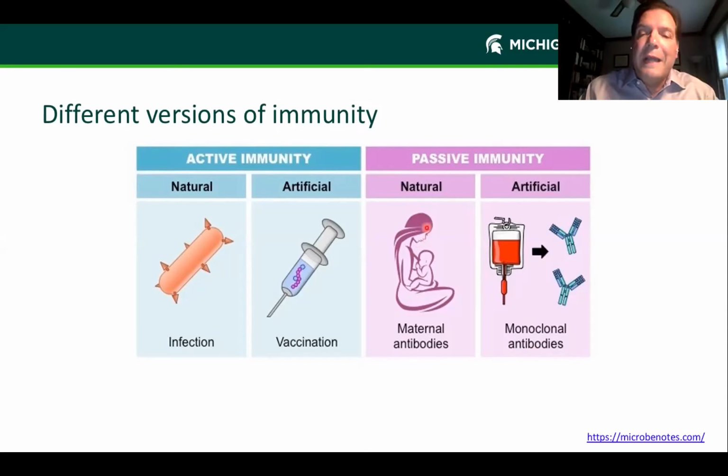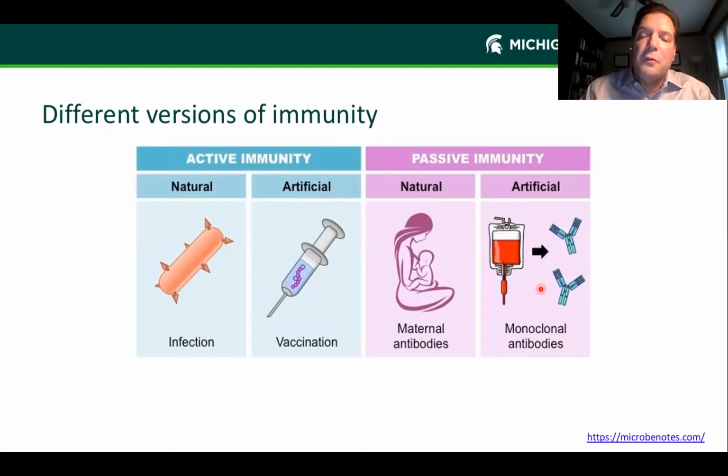A classic natural example of passive immunity is breastfeeding, because mothers who breastfeed are passing nutrients through the breast milk, but are also passing antibodies that will protect that child from a lot of infections until their own immune system is developed enough to start making antibodies on their own. So passive protection by maternal antibodies is a classic form of natural passive immunity.